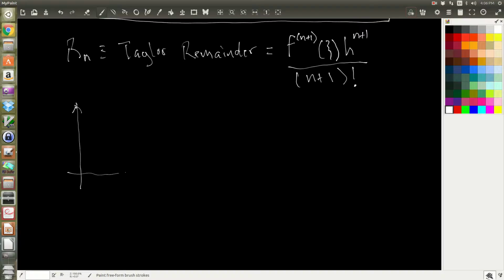So let's draw our velocity function for our falling parachutist. This is t, this is v of t, and let's call this point ti, this point ti plus 1. The separation between these two is going to be delta t.